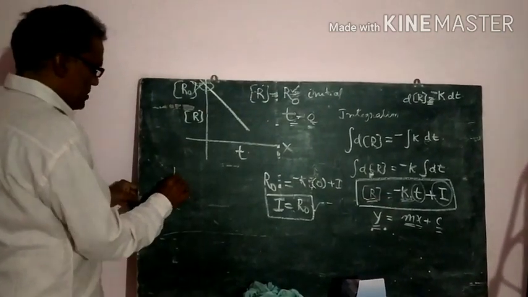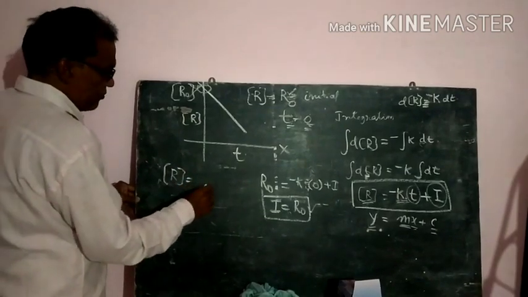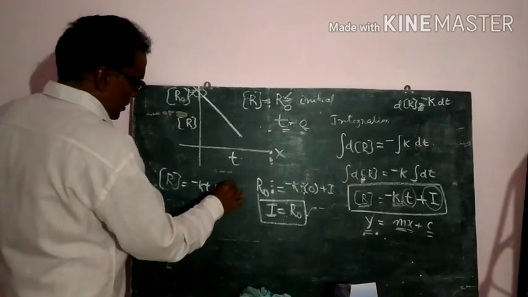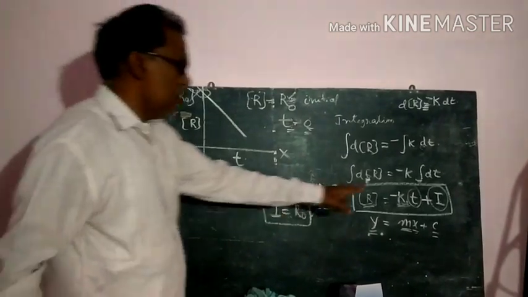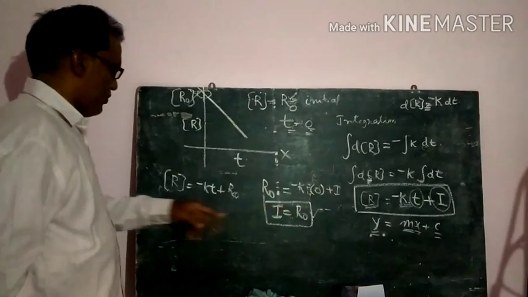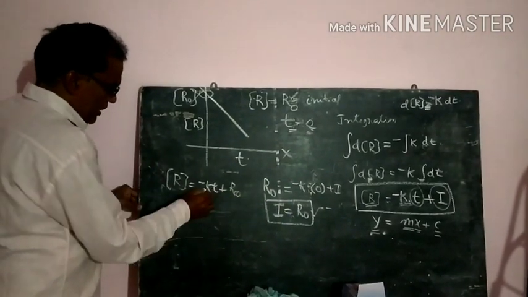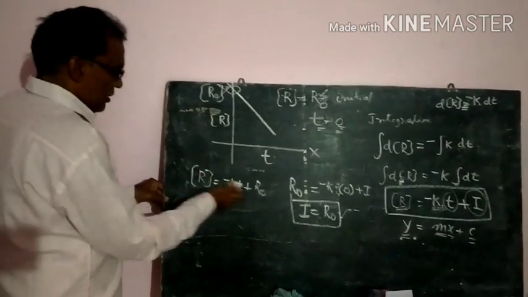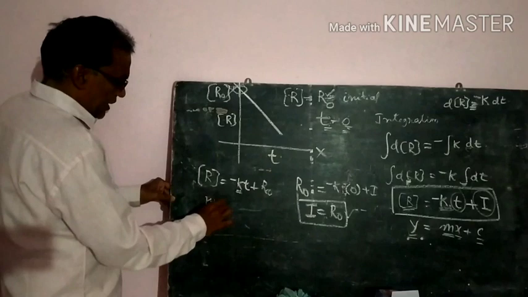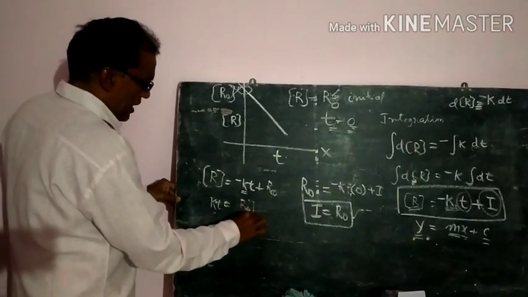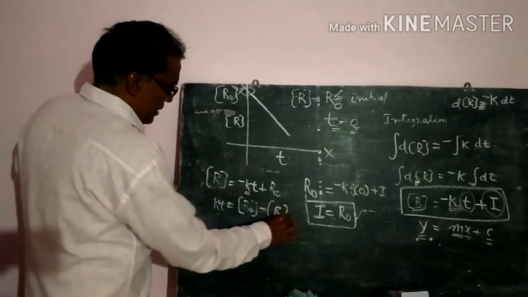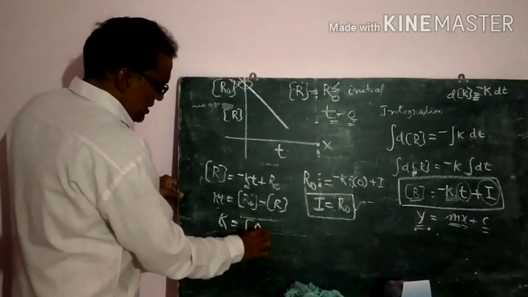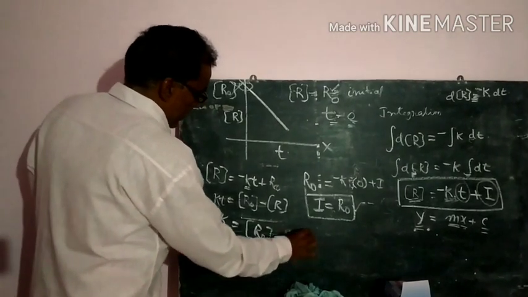What value does it become? R is equal to minus K into t plus R0. If you substitute the I value R0, you get this equation. From this, calculate the value of the constant k. So if you bring this value to this side, that is kt is equal to the initial concentration minus the R value concentration, and dividing by t, k is equal to R0, initial minus final, by t.